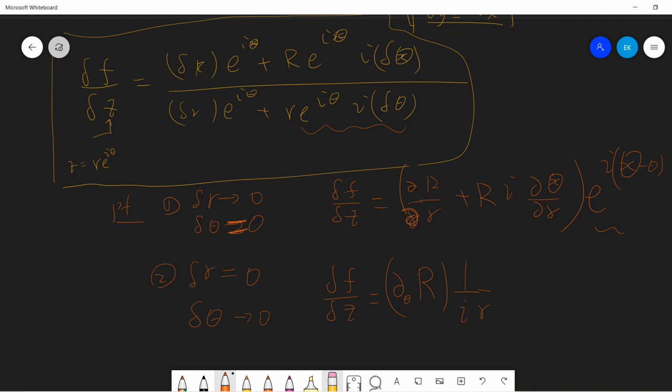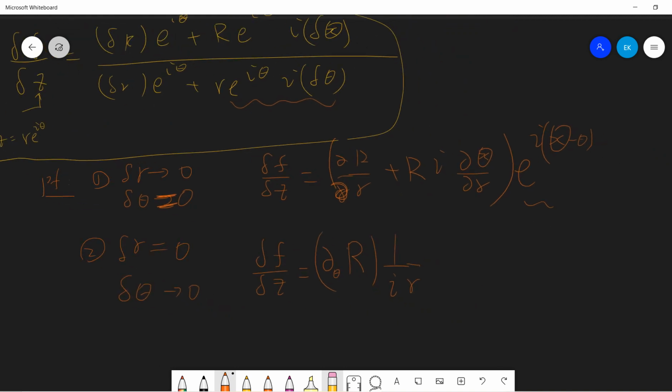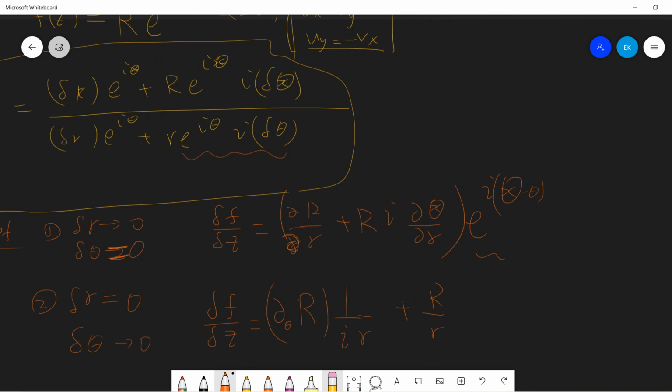The second term is r over r, and the i's cancel, leaving the partial of capital Theta with respect to small theta, times the same factor. These two terms should be the same.